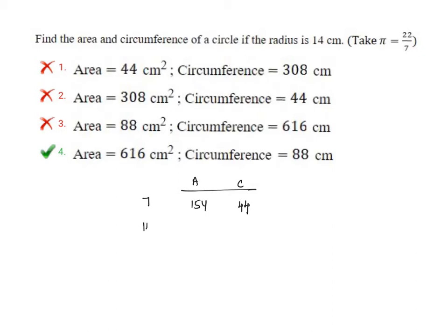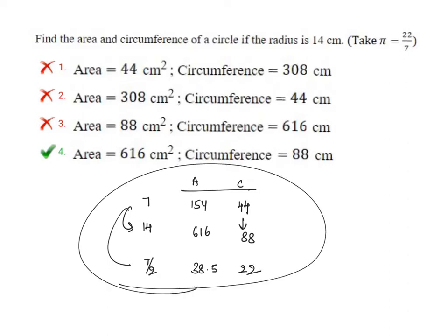If it is doubled, the area simply gets 4 times, that is 616, and the circumference becomes 2 times, 88. Suppose it is halved, 3.5, the area becomes 1 by 4, 38.5, and the circumference becomes 1 by 2, 22. Always remember these three values, area and circumference for these three radii, 7, 14, 3.5. It will be helpful.